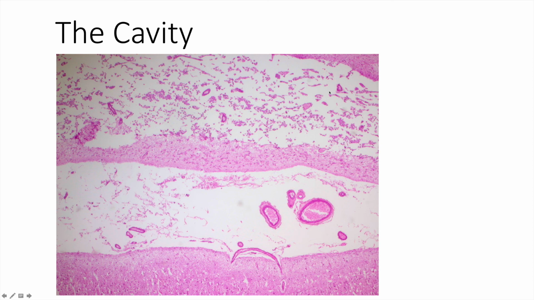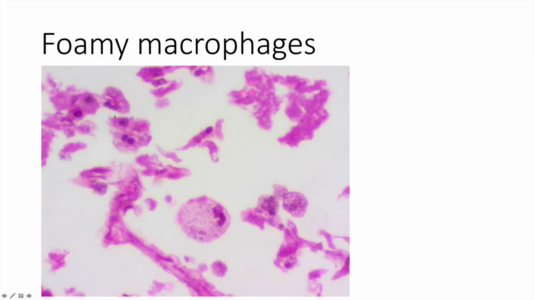The other thing that I'd like to show you is what's happening in the cavity itself. And as I said, the major part of the cavity just contains debris. We don't really identify any of the classic cells that we would see in normal brain. But one cell that we can see is various sizes of macrophages, and particularly a very large one here.